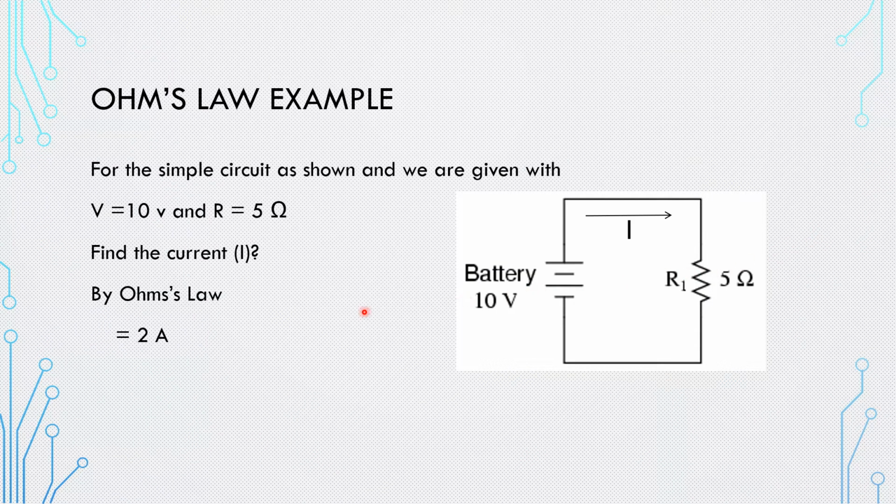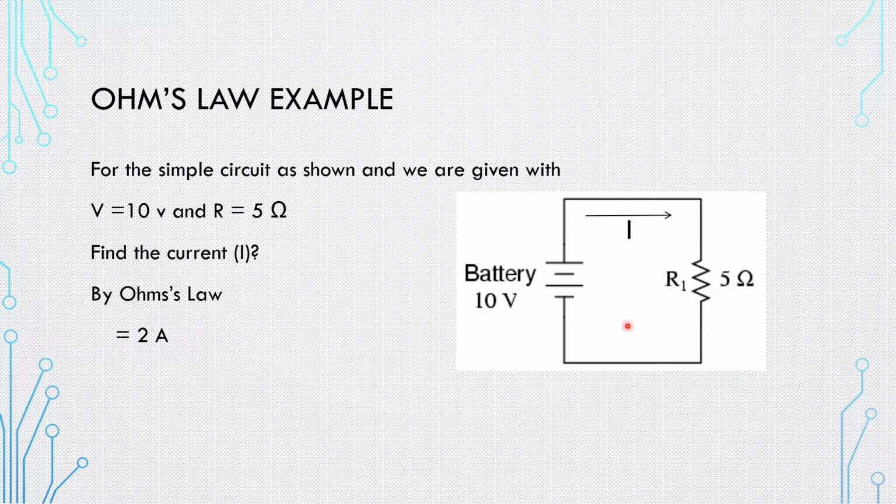So let's have an example to illustrate this idea. So given this simple circuit, as you can see, this circuit consists of the three elements: voltage, resistor, and current. But you can see that it only gives me the voltage value and the resistor, and it asks me to find the current. How to find the current given this information?